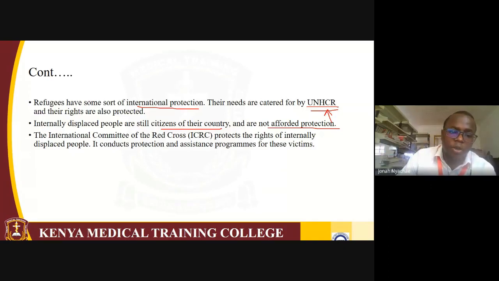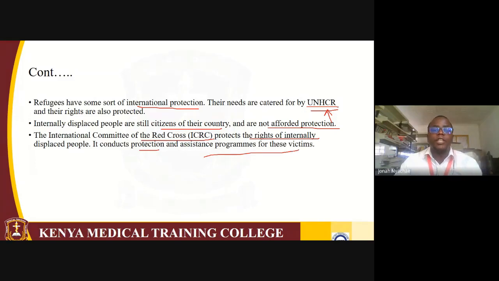So the International Committee of Red Cross protects the rights of those people who have been displaced internally, and it conducts protection and assistance programs for these victims. So the Red Cross works very closely with those internally displaced.